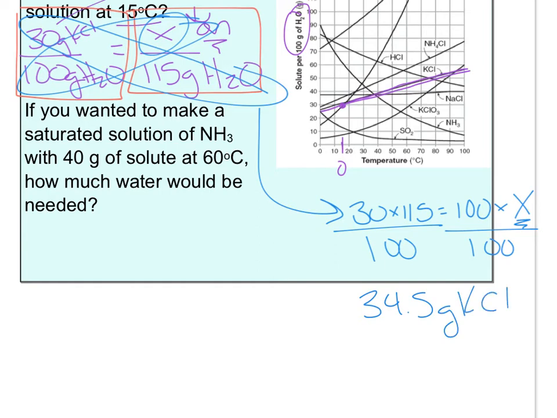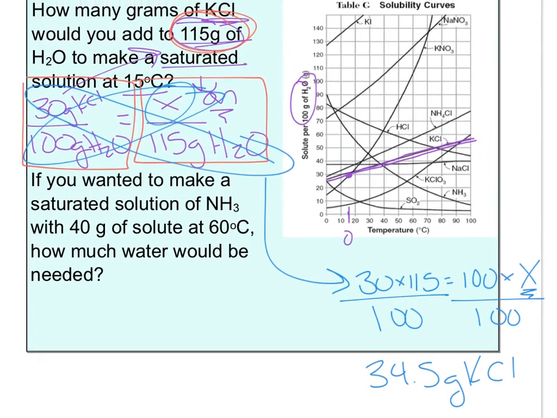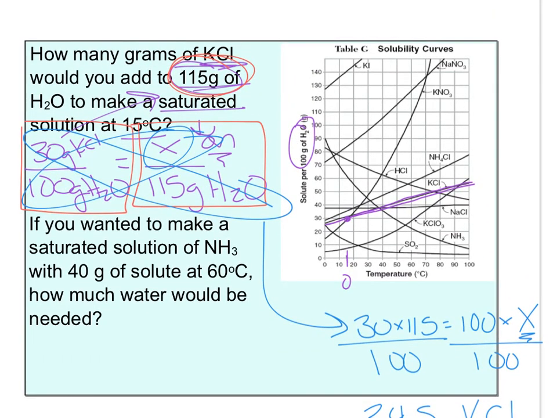So if I dissolved 34.5 grams of KCl in 115 grams of water at 15 degrees Celsius, I would make a saturated solution. Now, of course, what do we always have to worry about when we do a calculation? Sig figs, I know, but it gets kind of nice when we're using the graph here, because we are going to assume that all of the values we get from the graph are exact.